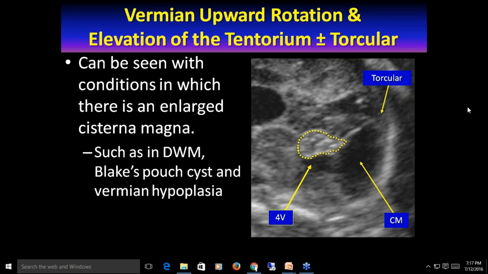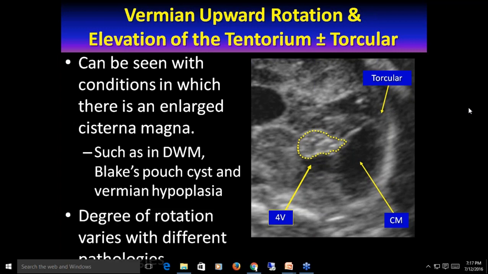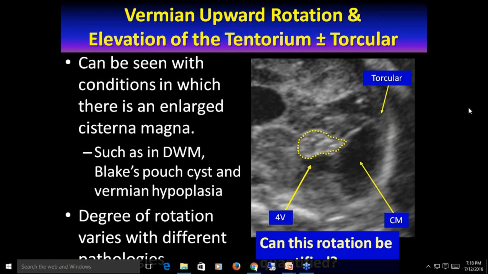Conditions such as Dandy-Walker malformation, Blake's pouch cyst, and Vermian hypoplasia can result in both upward rotation and elevation of the tentorium and torculum. The degree of the rotation varies with the different pathologies. So the question is, can this rotation be quantified?